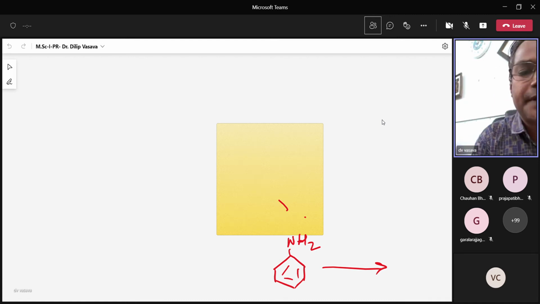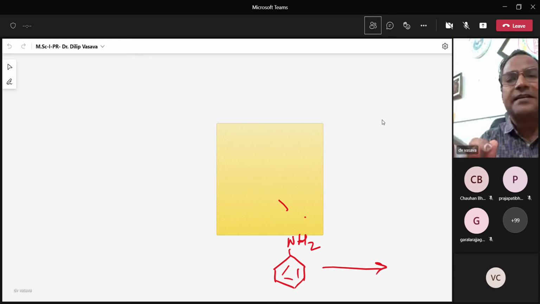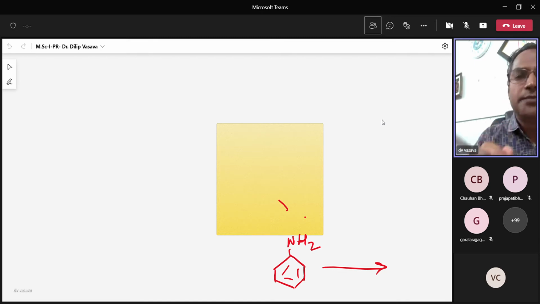So acetanilide. Now NH2 was there and now you are introducing the COCH3. So you can have any of the reagents to produce the COCH3 group.